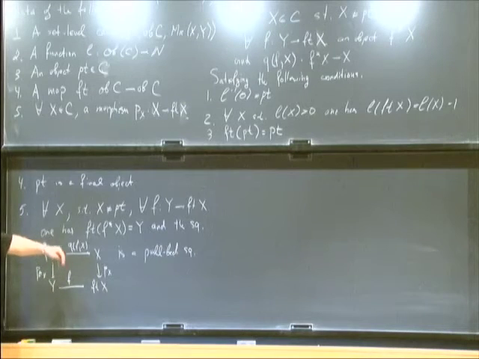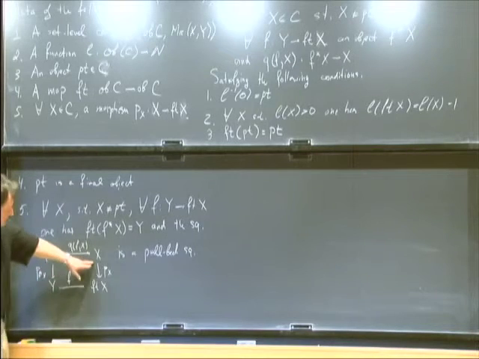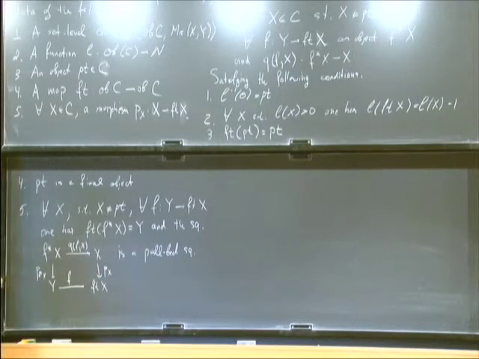Now, squares of this particular form, up to identity, not up to an isomorphism, will be called display squares sometimes. And these maps PX are usually called display maps, if I'm not mistaken.